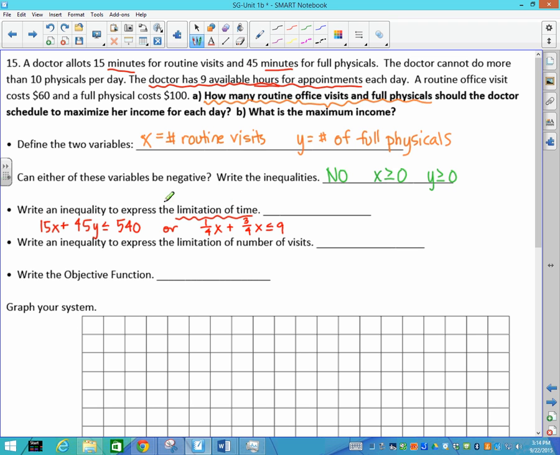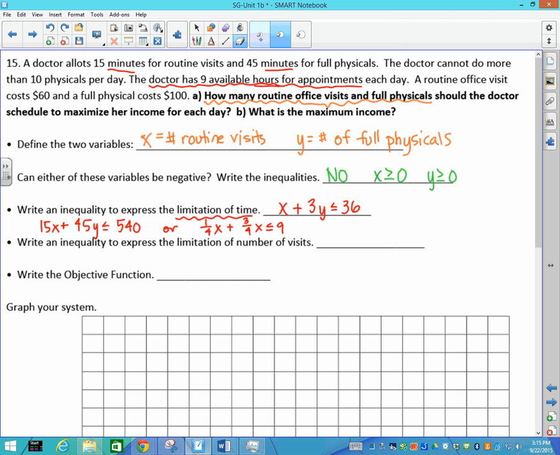It doesn't matter, because both of them should be simplified. You would divide everything by 15 here, and you would multiply everything by 4 here to get rid of those fractions. So either way, it's going to give you an inequality that says x plus 3y is less than or equal to 36.